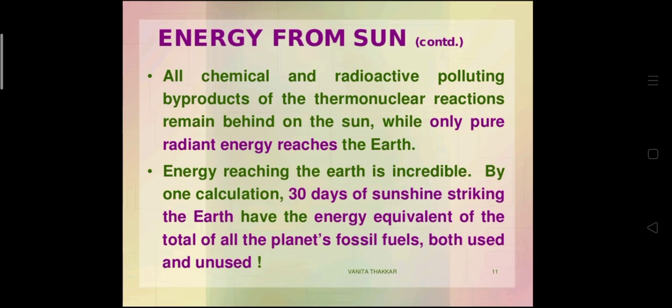That means coal, oil, natural gas, both used and unused. So much energy is received by the earth in these 30 days.